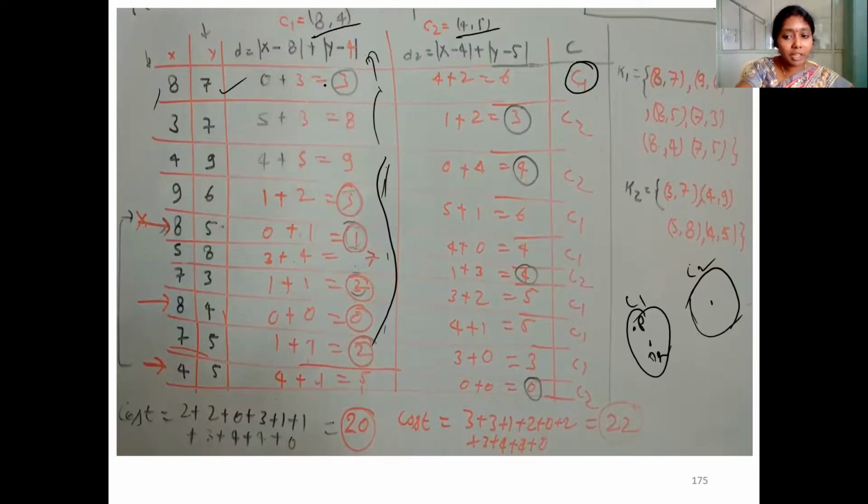Again, the distance between P and O random we need to check, and based on this, if it is still closest to O random than OI, this is some other cluster and this is some other medoid. If P is closest to O random than OI, we can keep P in cluster 1 only, right? If at all P is closest to OI than O random, what do we need to do?